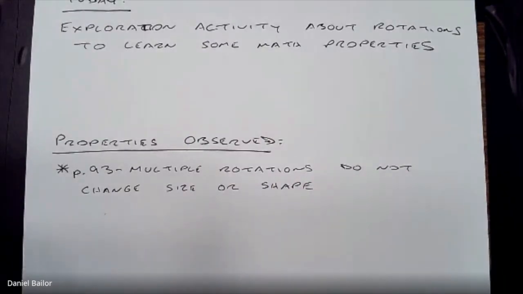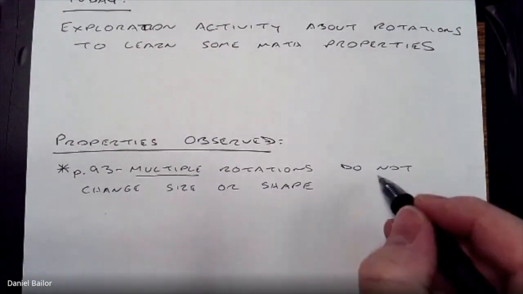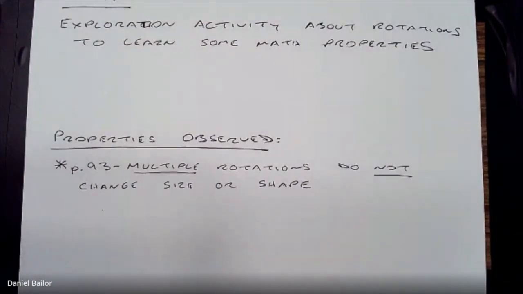Last week we learned that one rotation does not change size or shape. Today we learned that more than one, multiple rotations do not change size or shape. So that is the first property we observed after working on page 93.